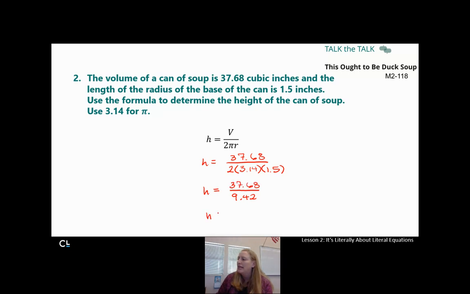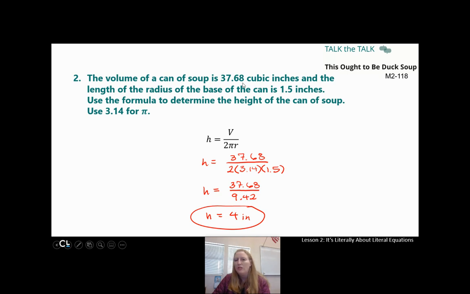So fine, last step. 37.68, and we will divide by 9.42. It's what I have my calculator for. And I get an answer of 4. Four what? We need units. This stuff is measured in inches. So it's 4 inches. Bam! So the height of our soup can is 4 inches. Good job, us.